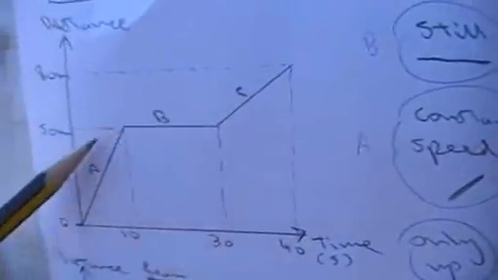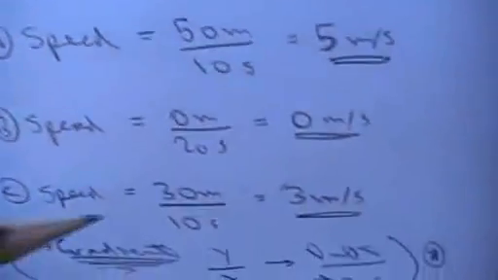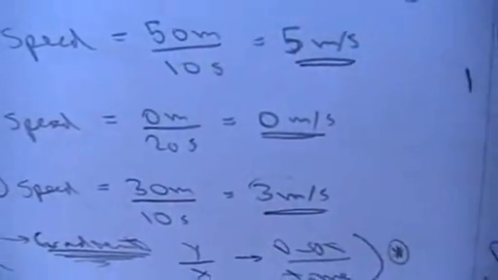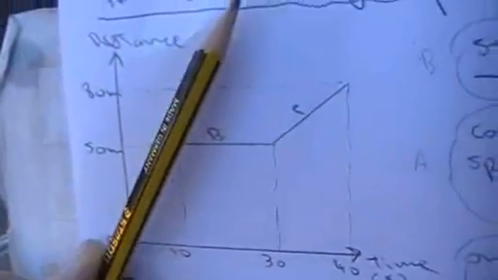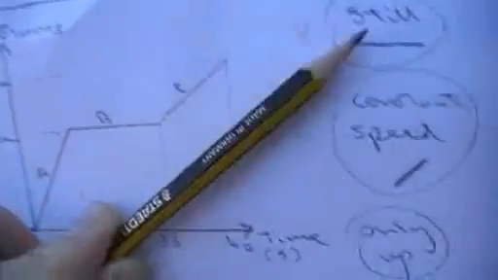And part C, we travelled 30 metres in 10 seconds, so 30 metres divided by 10 is 3 metres per second. So part C was slower than part A, and if you look at the graph, it's got a shallower gradient than part A, so that's why.